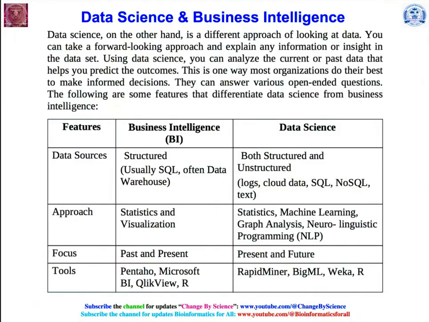But in data science, you are not limited to only these things. You need to understand the depth of statistics, machine learning, graph analysis, neuro-linguistic programming, or NLP. Focus is on past and present in business intelligence, but in data science, it focuses on present and future.